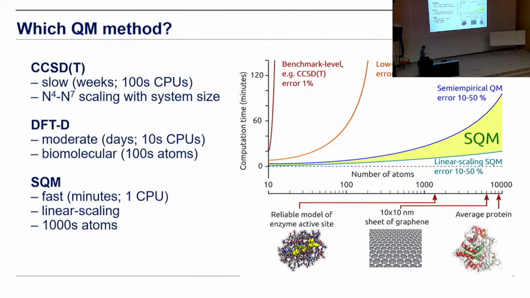So in this graph, note that the number of atoms on the x-axis is in logarithmic scale. In the red curve, CCSDT is the very precise quantum mechanical method which scales very steeply with system size, and you can maybe calculate tens of atoms on hundreds of CPUs in weeks.